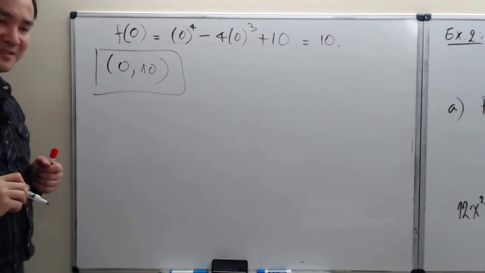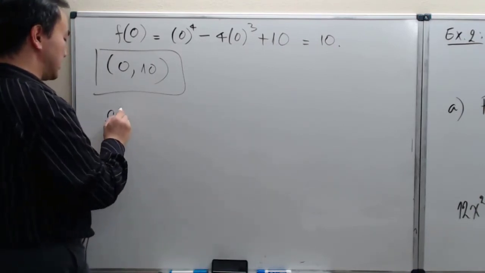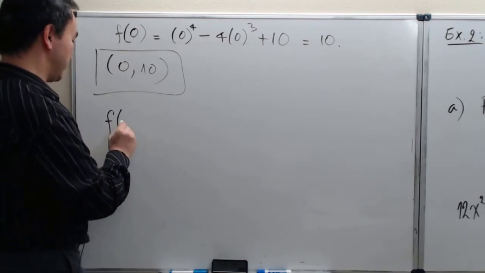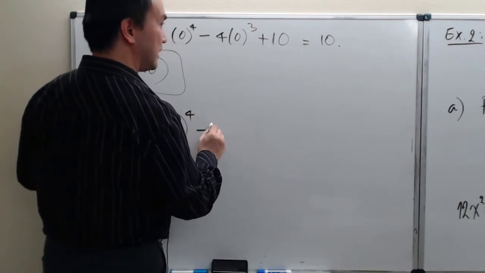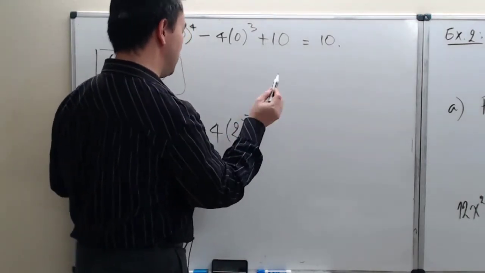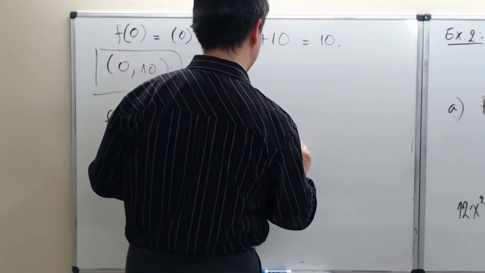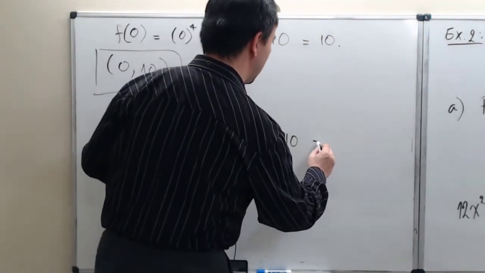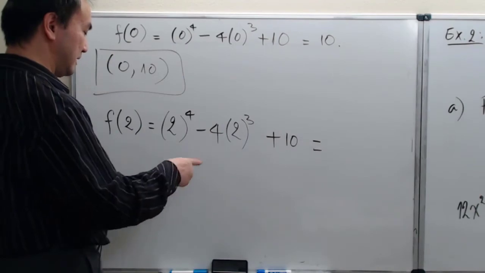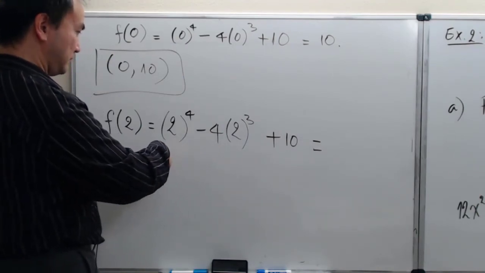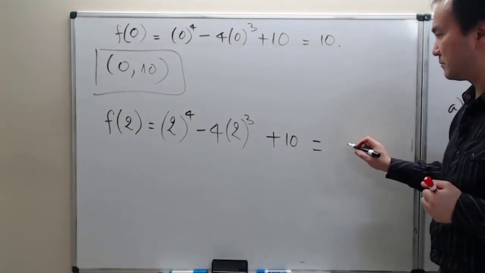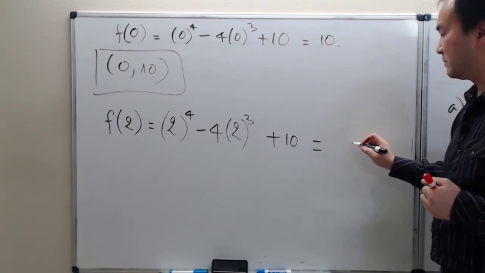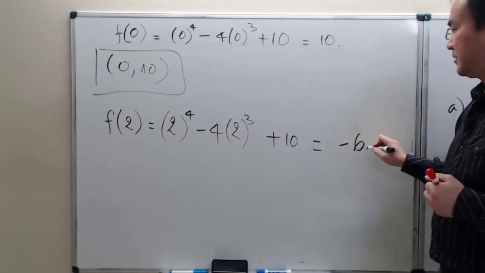For the other value, I'm now going to substitute in x equals 2 into the function. So f at 2, and we're looking at 2 to the 4th power minus 4 times 2 cubed plus 10. That's 16 minus 32, so it's minus 6 right here.